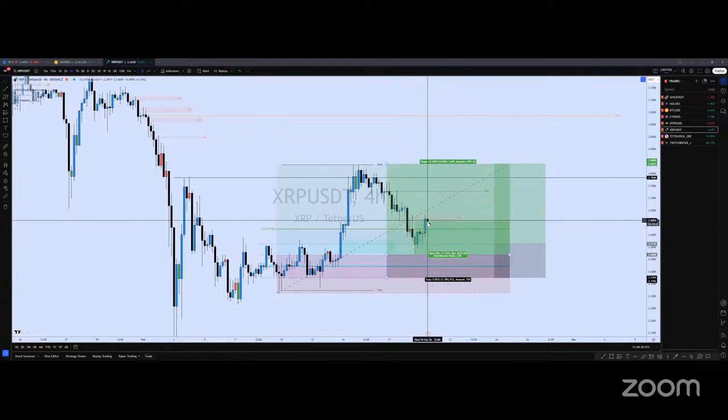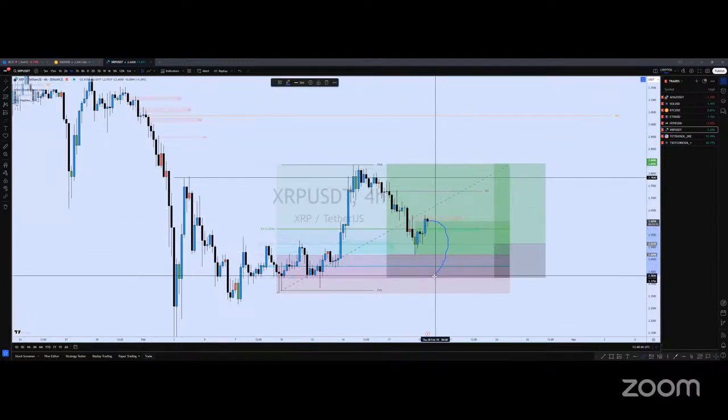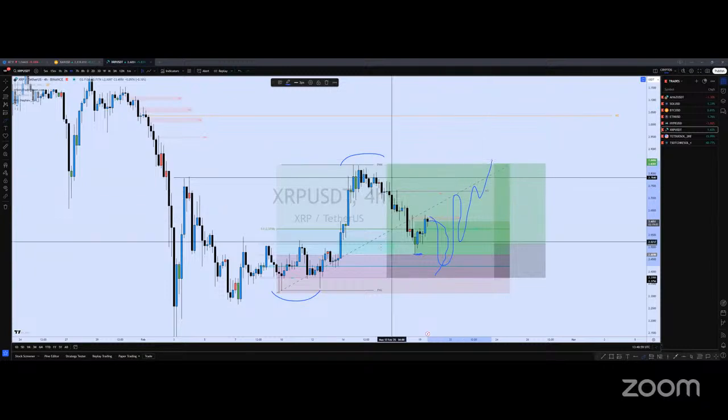I don't think buying here is a good idea. If you do, you leave yourself room for too much risk. Even though you can buy and leave your stop loss here, you'd still be within that range, and it can stop you out and still be valid to go up. So I wouldn't recommend buying exactly where we are.